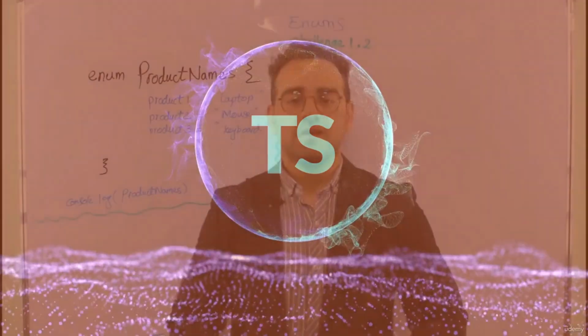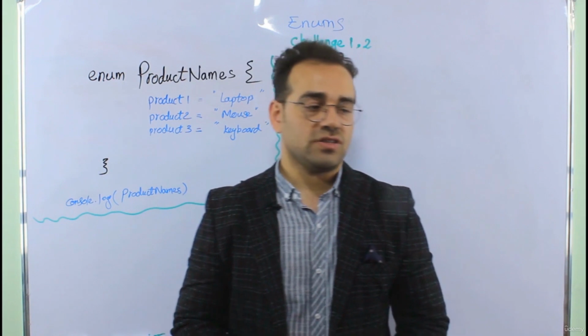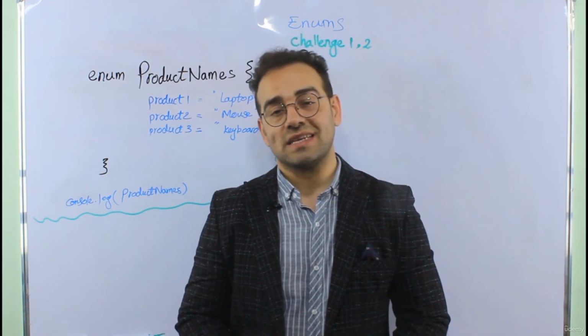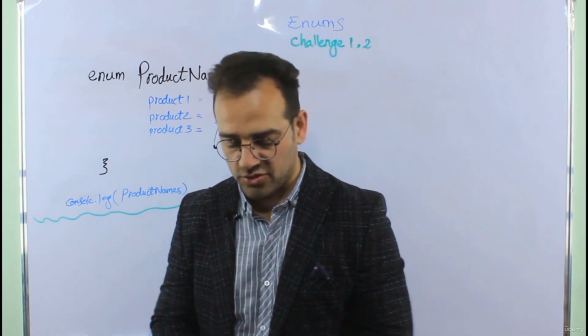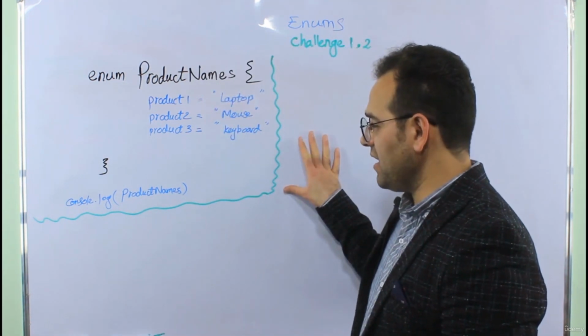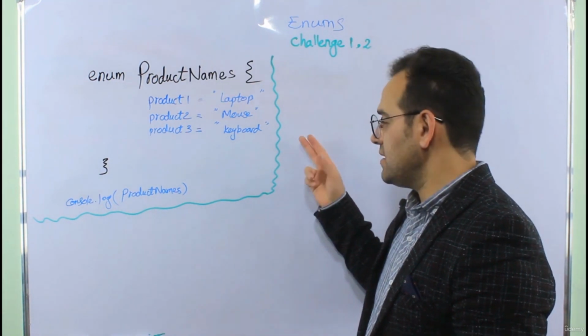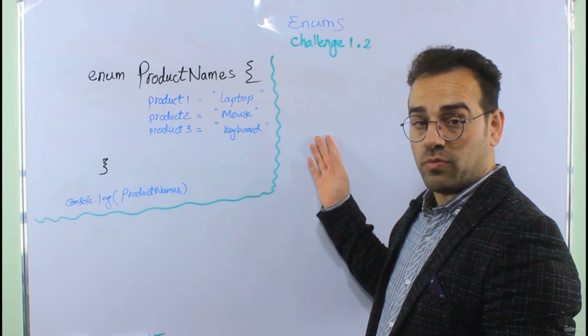Hi everyone, welcome to your second challenge solution for enums. In this challenge, the statement says that we need to create an enum of product IDs and then display it on the console. So let's go ahead and create that. Again, I think I have not utilized this real estate on this whiteboard. This is a rather very big whiteboard.